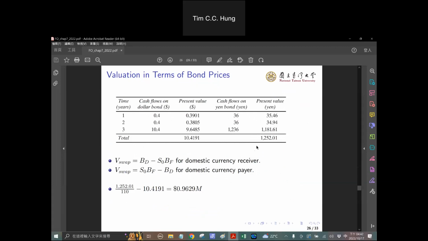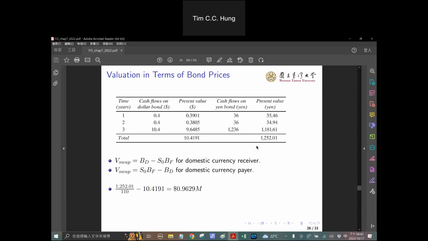We know that these are cash outflows, and we know the interest rate to do the discounting, so we can calculate their present value, the total net present value of outflows. At the same time, 36 million yen, we can discount it at the Japanese yen interest rate of 1.5%. 36 million, 1,236 million, we can also do the discounting. At the end, we have the net present value of our US dollar outflows and also the net present value of the Japanese yen inflows.